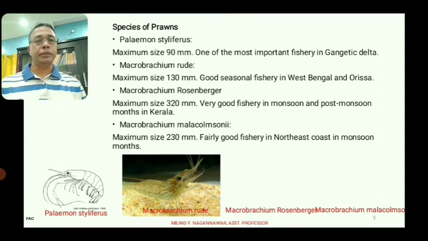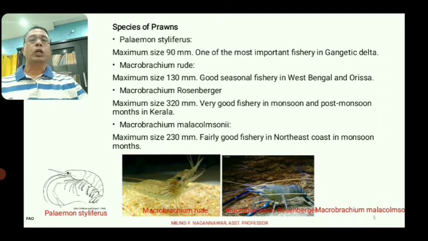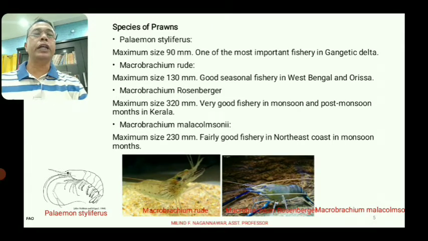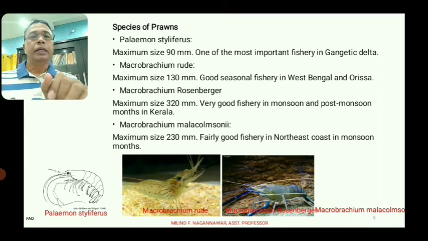Macrobrachium rosenbergii is another one, which grows to the size of 320 millimeter and is usually seasonal, in the monsoon and post monsoon months in Kerala.